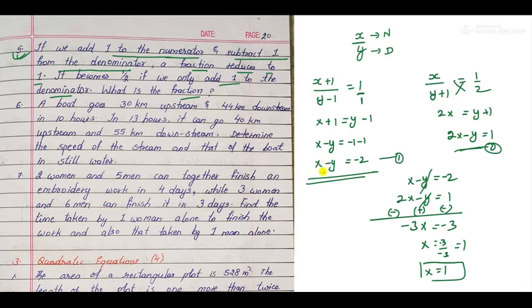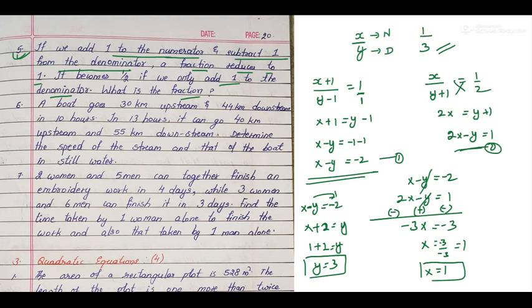I'll substitute in this one. So x minus y was minus 2, so x plus 2 will be y, correct? Because minus 2 comes to LHS and becomes plus, and minus y goes to RHS and becomes plus y. So 1 plus 2, which is 3. So therefore y is 3. It means numerator is 1 and denominator is 3. This is the answer. Am I right?